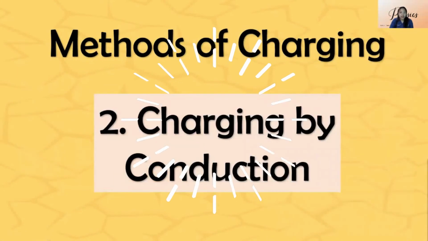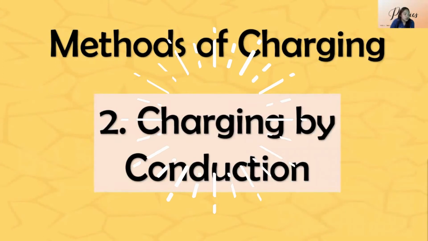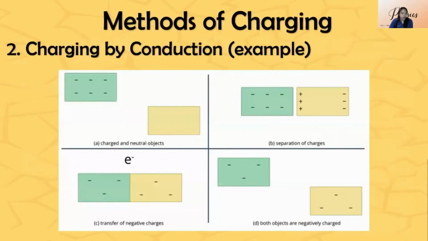Okay. So the second method of charging is charging by conduction. This is also called charging by contact. Electrons are transferred from one object to another, creating an electrically charged material by placing the electrically charged material in contact with a neutrally charged material.